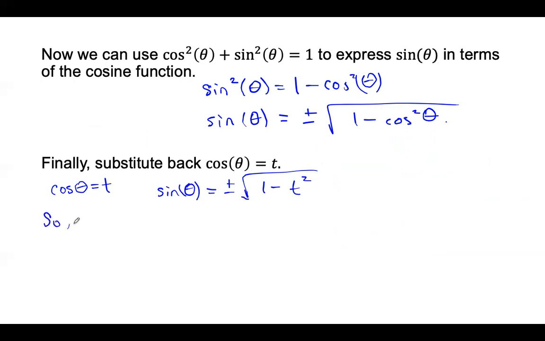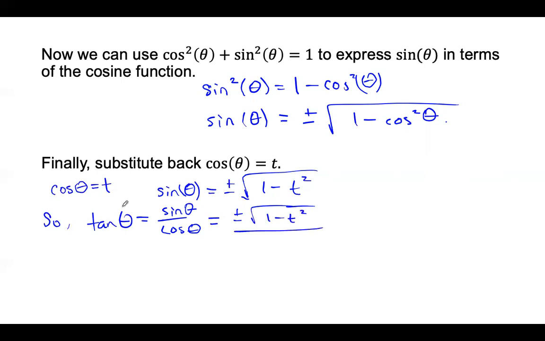So this means tan of theta is equal to sine of theta over cos by definition. Our sine is what we just got on the top. So this is plus or minus square root of 1 minus t squared divided by cos, but cos is t. And we could just bring out the plus or minus in front if we wish. It's the same thing: square root of 1 minus t squared, divided by t.